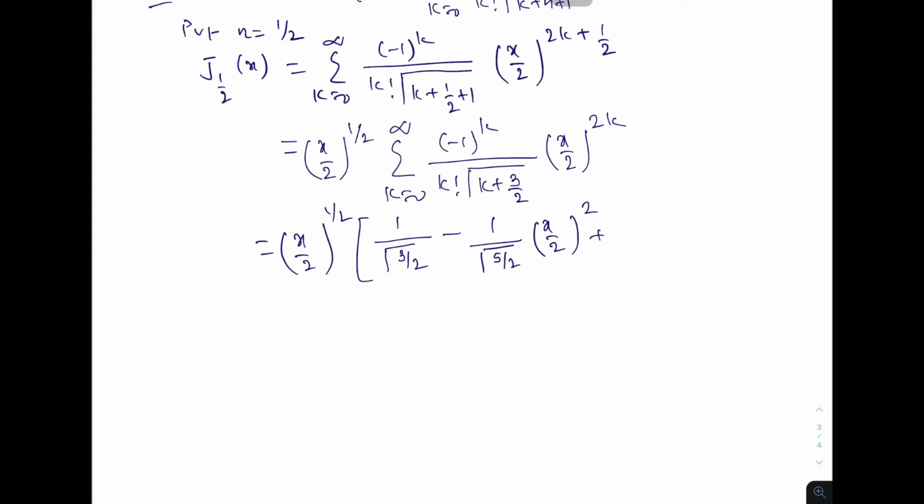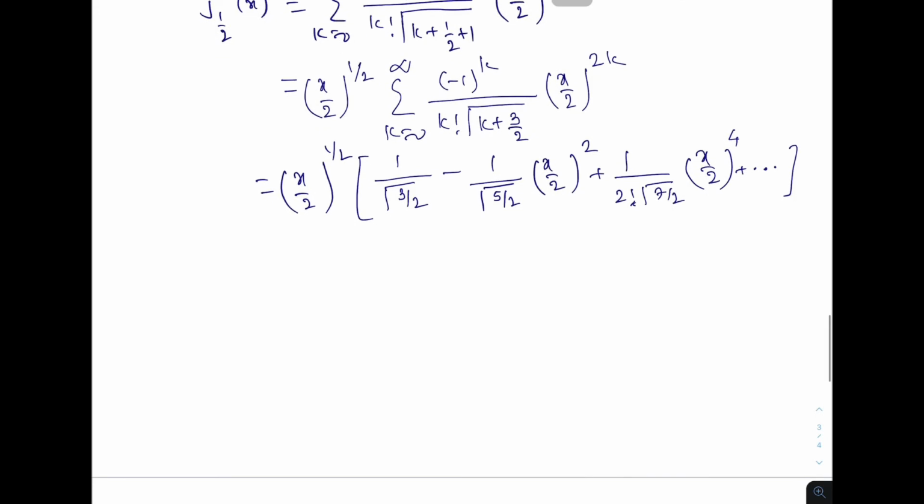Now k equal to 2: a positive sign, 1 upon 2 factorial gamma 7 by 2, (x by 2) power 4, and so on.